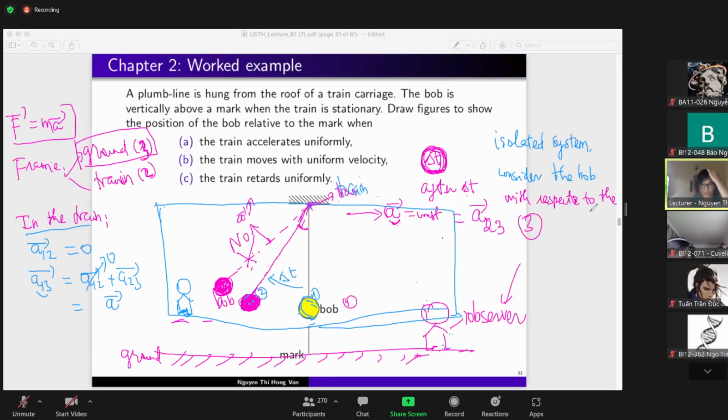So you consider the frame of this observer. And how many forces act on the bob? You have the gravitational force. You have the tension of the string.